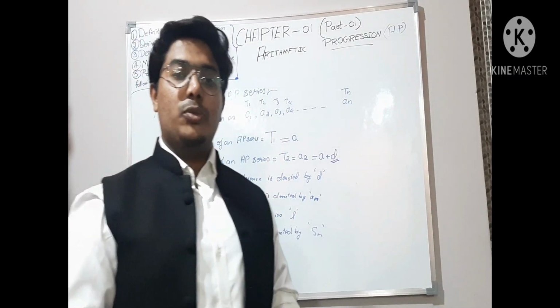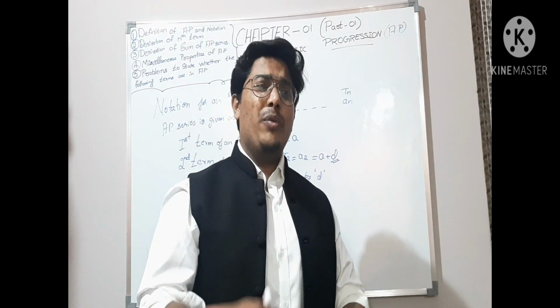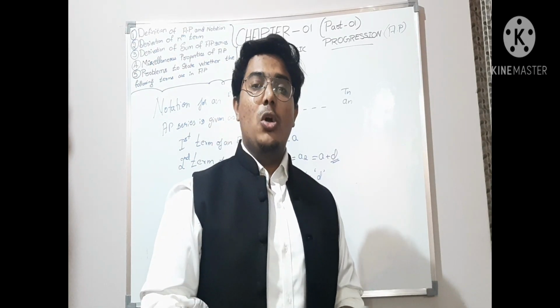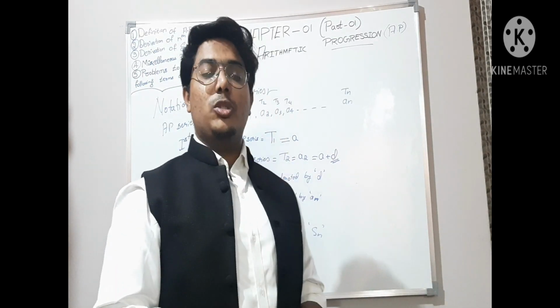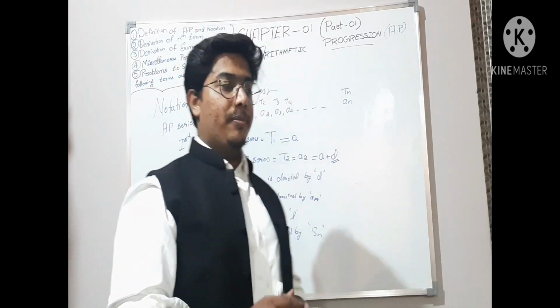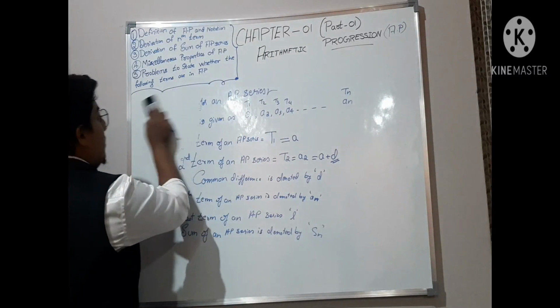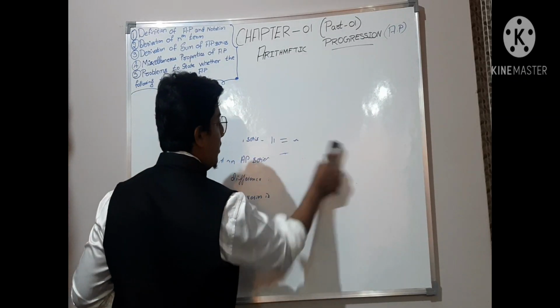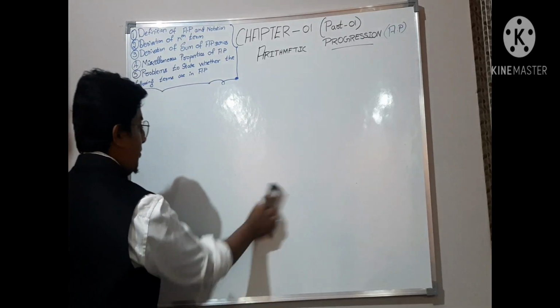So let us go to concept number 2, where we will derive the expression for the nth term of an arithmetic progression series, or we will prove AN is equal to A plus N minus 1 into D. Quickly we will go on to concept 2.